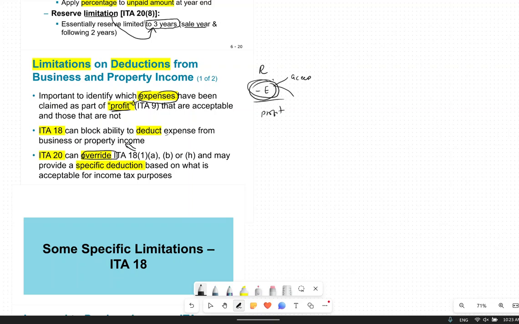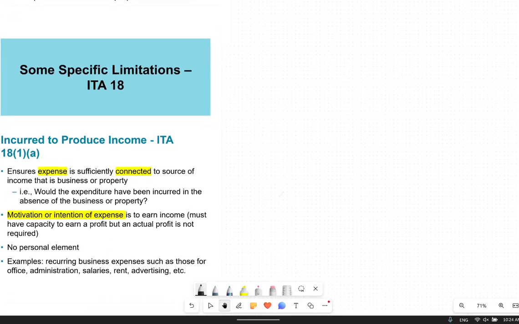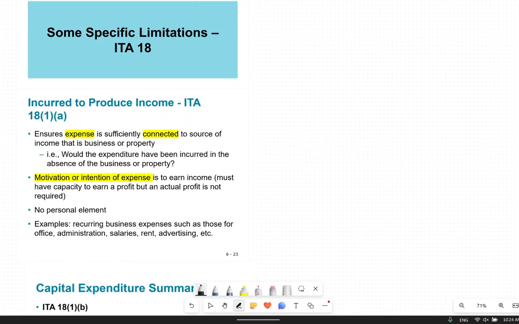So if you have something that you weren't allowed to deduct under 18, you will go into 20 and ask, am I allowed some of the deduction that I wasn't allowed under 18? If you're allowed to do that deduction, you should do that. So that's why you need an accountant to do your business return, because an accountant knows more about the taxes than an individual. It's always good to get help from an accountant who is practicing accounting.